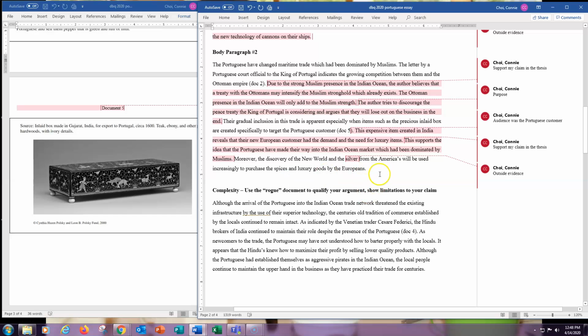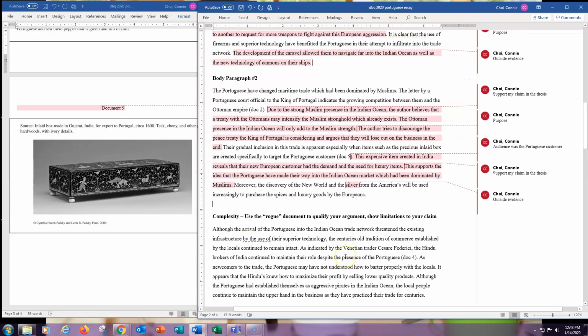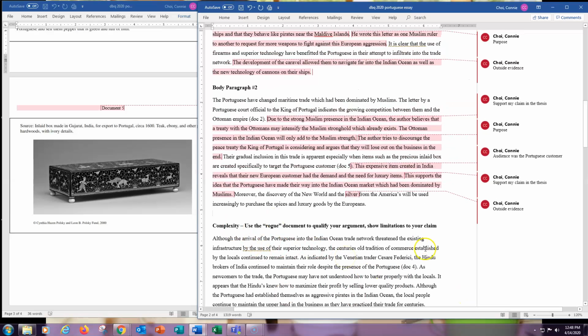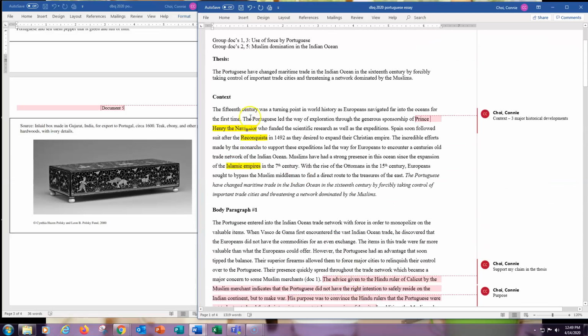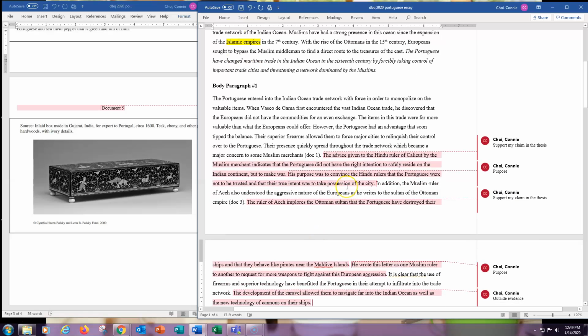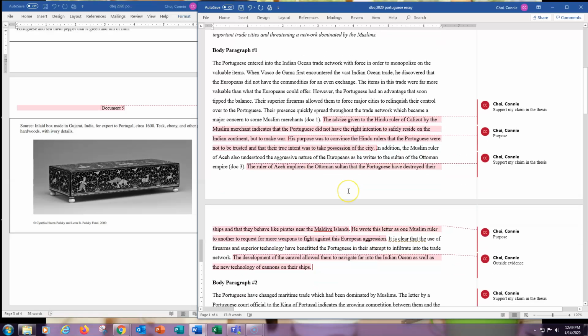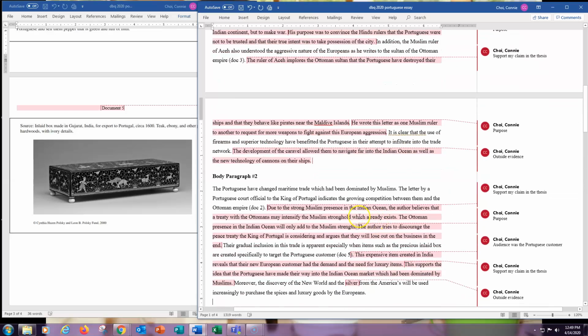And I'm going to stop my body paragraph there because I've basically touched upon all the points in my two body paragraphs. So going back, before I go to the complexity paragraph, I want to summarize all the points. I have in my intro 2 points, my context and my thesis. I have basically used 4 of the 5 documents, so document 1, 3, 2, and 5.